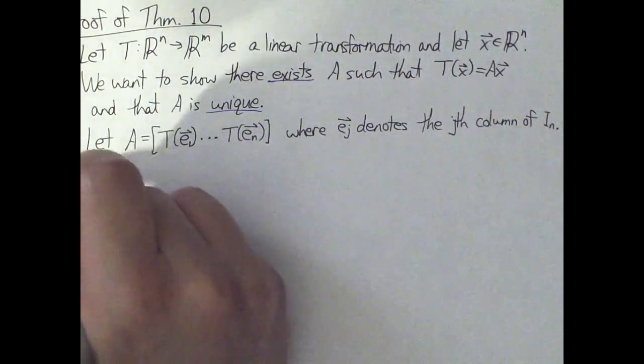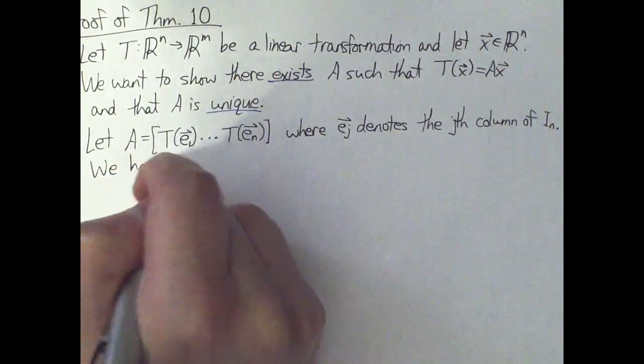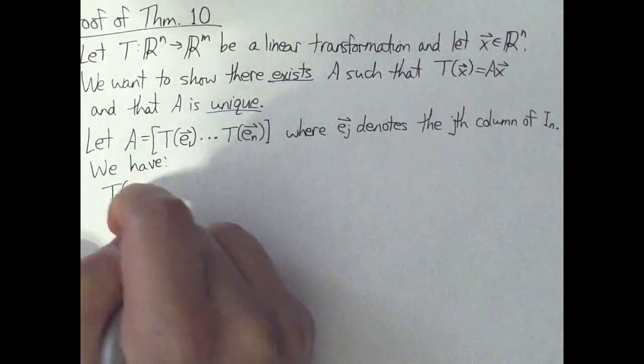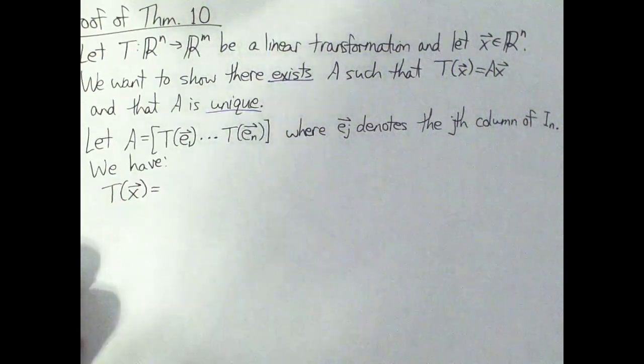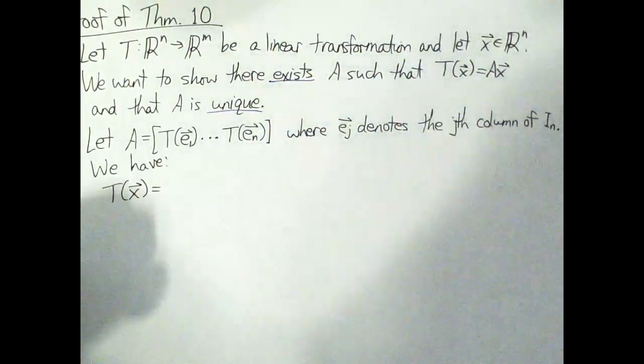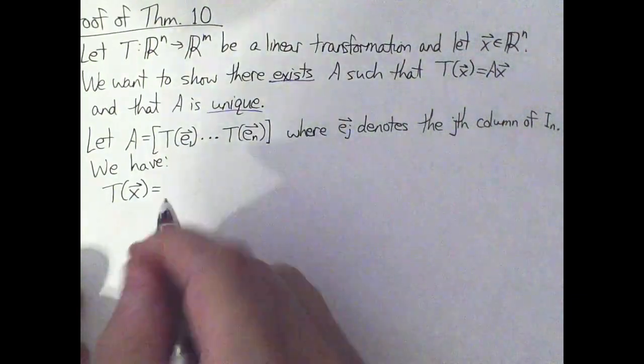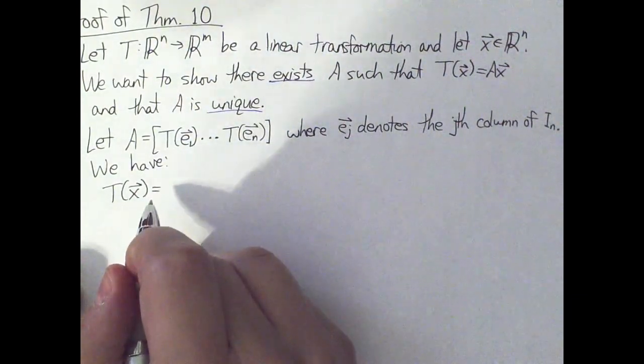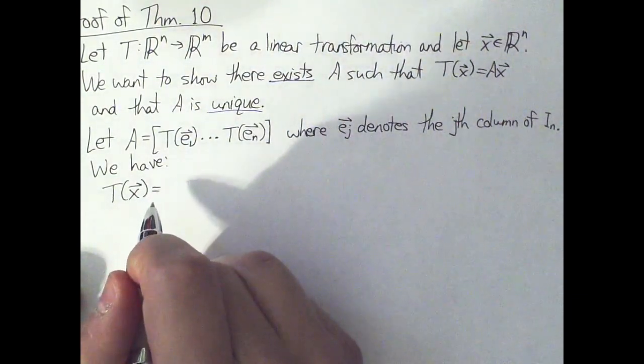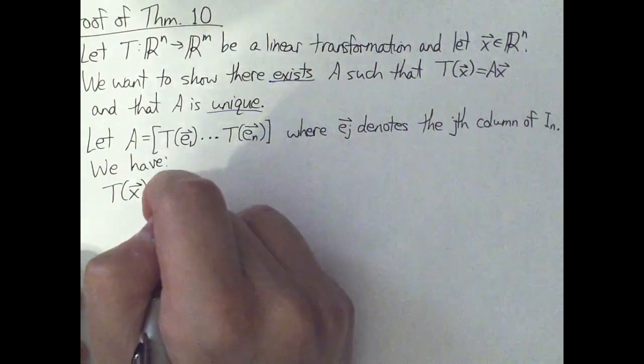Let's do T of X. We want to show that this equals AX. We can't just say it equals AX by Theorem 10. I mean, we're trying to prove Theorem 10. So this proof uses kind of a clever trick.